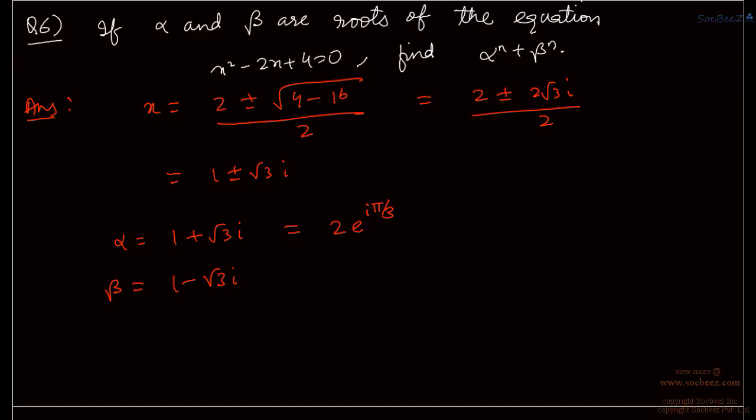There is nothing wrong in choosing them as one specific root, since these are general formulae, this will not hurt our question here. And beta is 1 minus root 3 I.